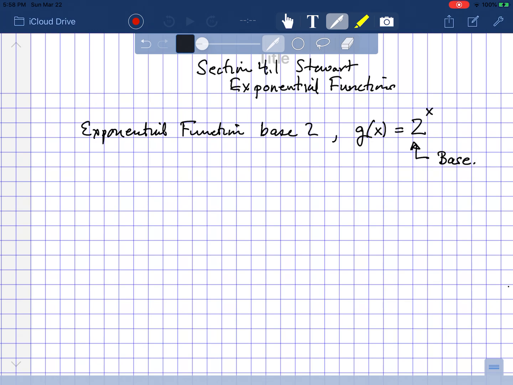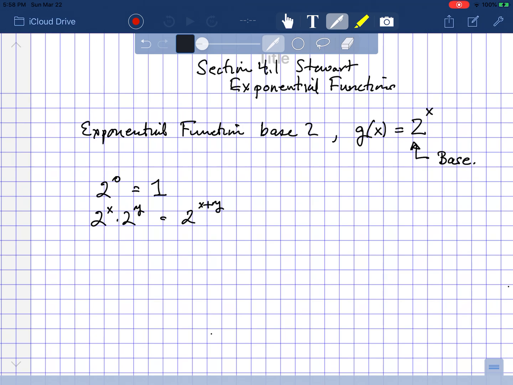You'll remember from college algebra that there are some properties of exponentials, and I'm going to frame those properties in terms of exponentials base 2. If I look at 2 to the 0 power, what do we know? We know that this is equal to 1. If I look at 2 to the x power times 2 to the y power, this is equal to 2 to the x plus y power.